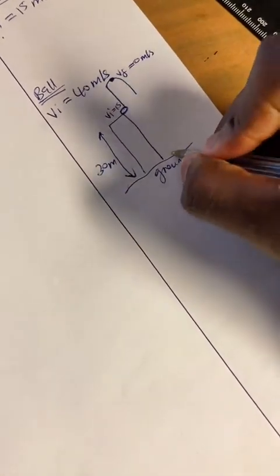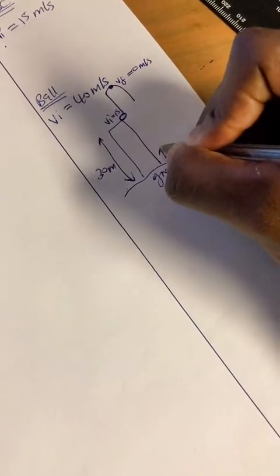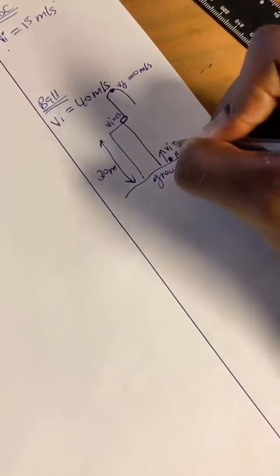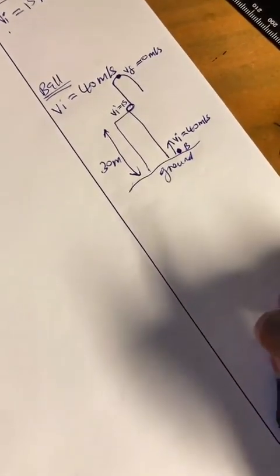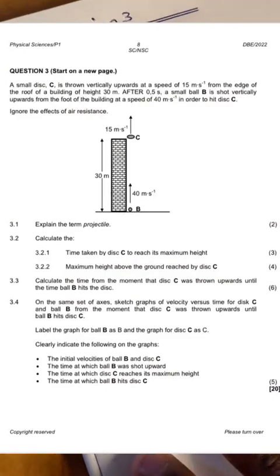Then for ball B, there is ball B, which is shot vertically upwards at an initial speed of 40 meters per second. So let us go to the question and hear what they are asking for. The first question says, explain what a projectile motion is.